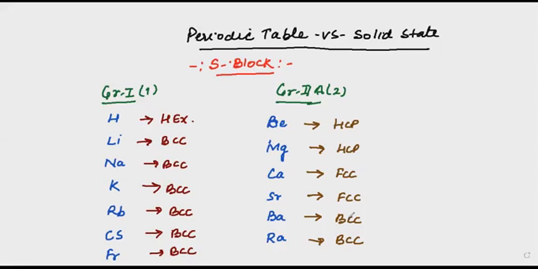After that we are coming to the P block. Clear? After that we are coming to the P block. Now you see, this is the P block. Clear? In the P block we are coming to group 13.